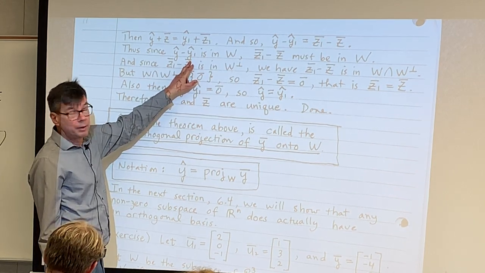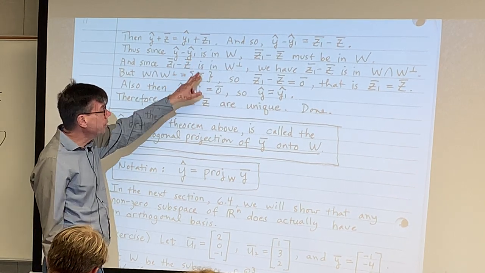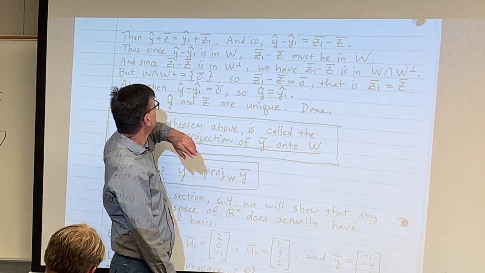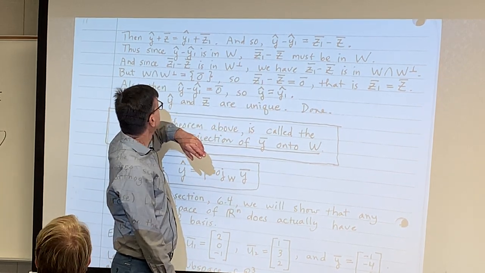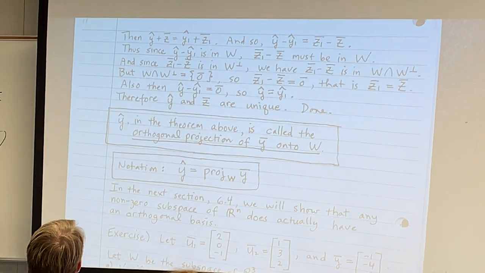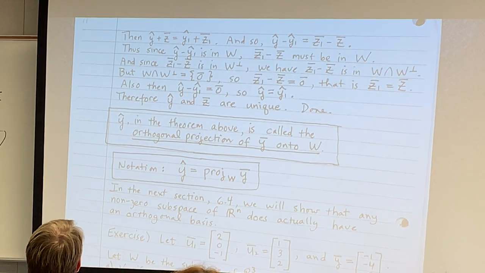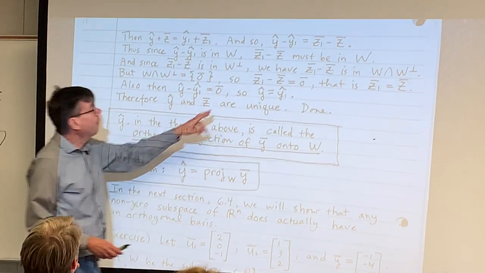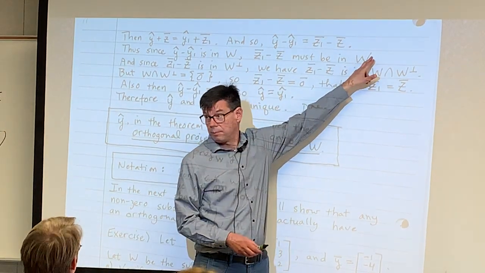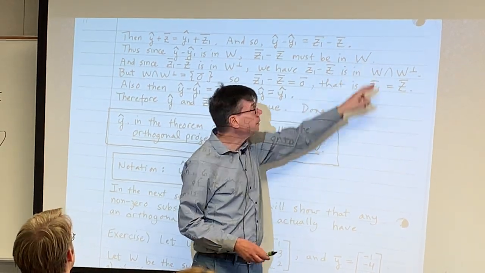Those are both in the given subspace w. z1 minus, oh, typo. z1 minus z must be in w. That's a typo. Sorry.